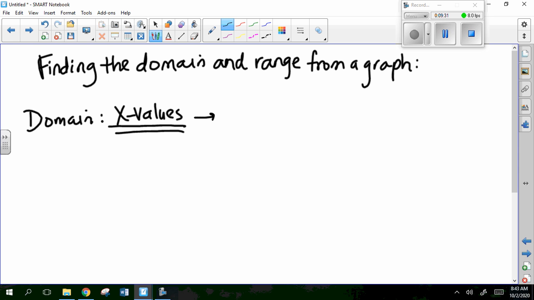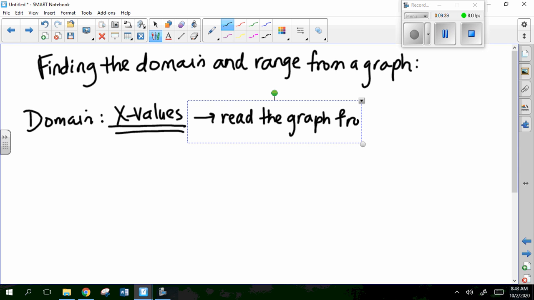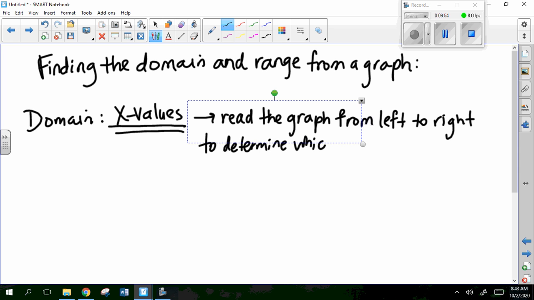Well, you are going to read the graph from left to right, to determine which x values are touched.